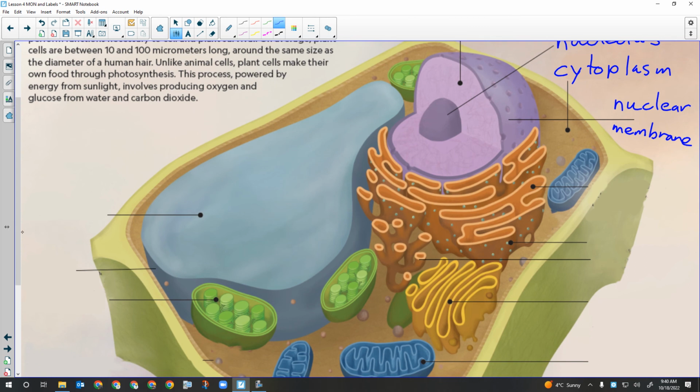Okay, this kind of orangey brown stuff that's got the little dots on it, this stuff is called rough endoplasmic reticulum.